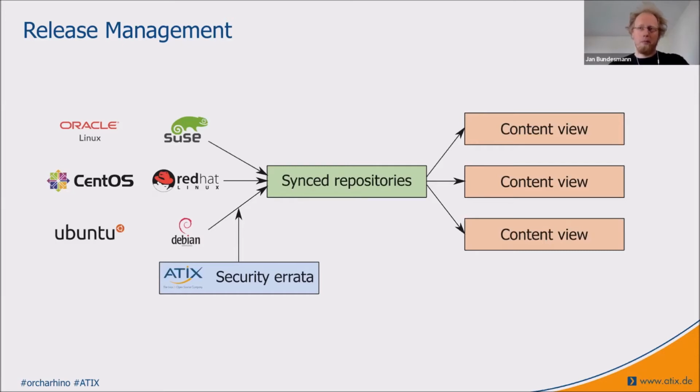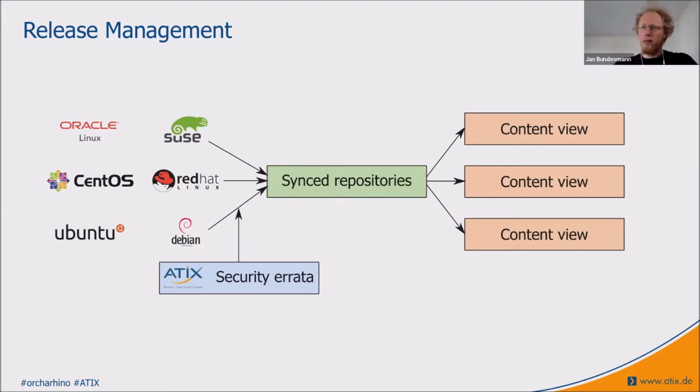This might sound like a contradiction, and that's where another concept comes in, which is called errata. So an erratum is a set of information based around a vulnerability or a security issue. It describes which packages for which operating system are affected by this vulnerability, and which other package versions would remedy this vulnerability.